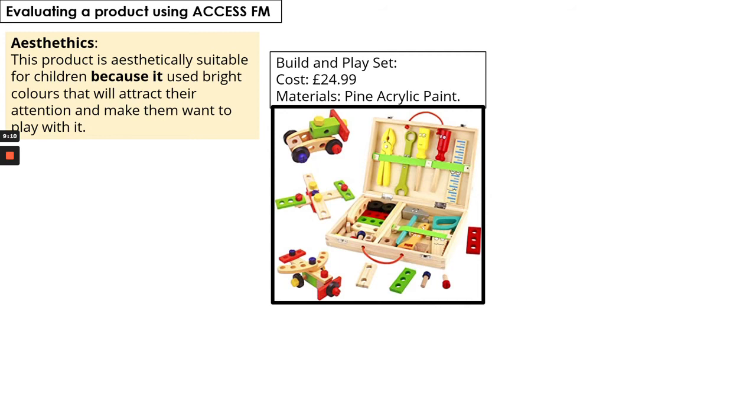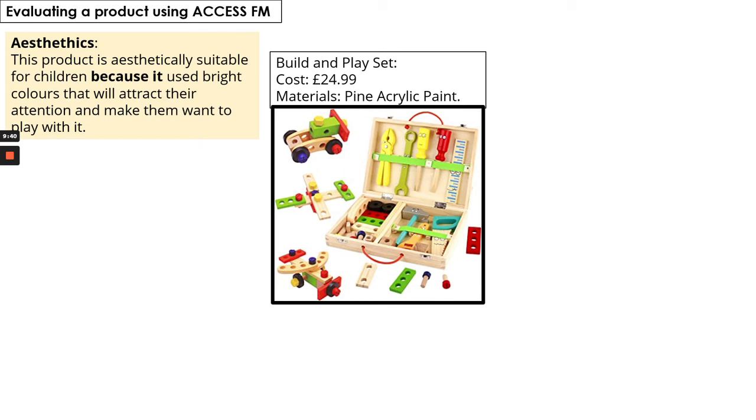So my point for aesthetics could be, this product is aesthetically suitable for children because it used bright colours that will attract their attention and make them want to play with it. That is a good, well-rounded answer, because I've said whether I think the aesthetics, what it looks like, is good or not. So I've said it's suitable for children who use it.